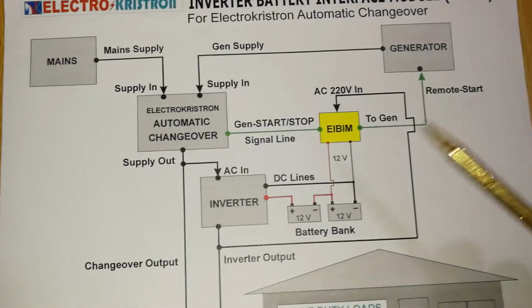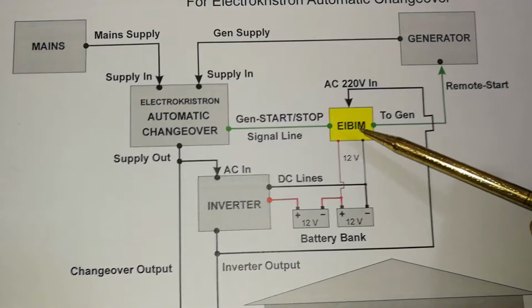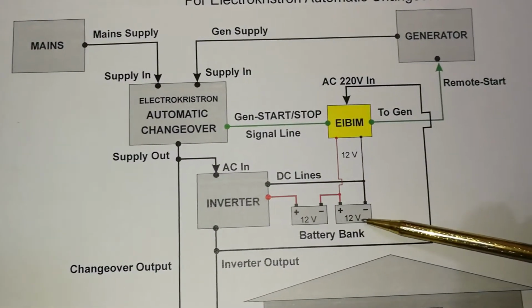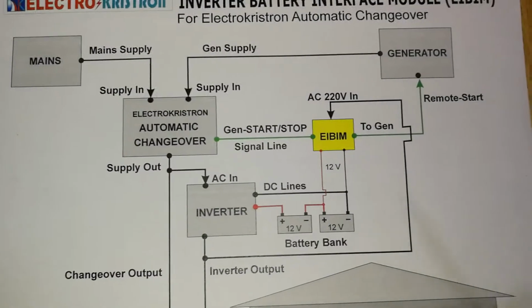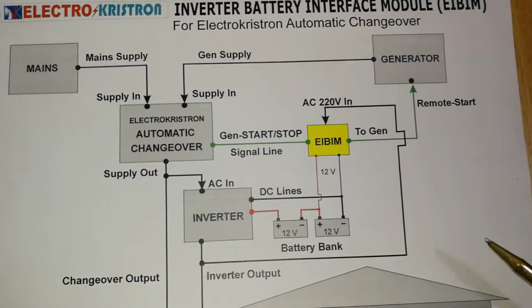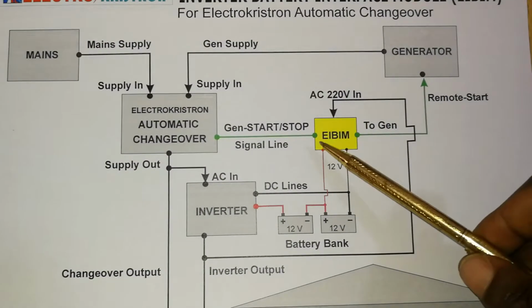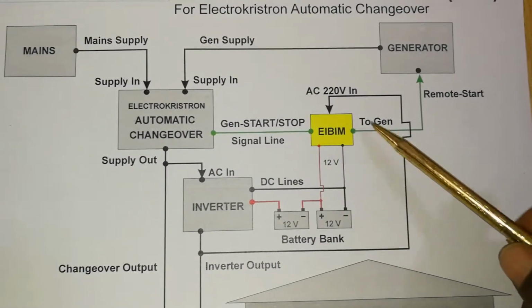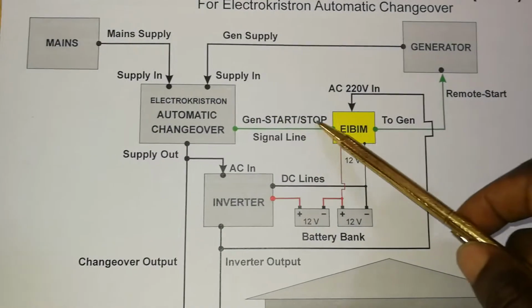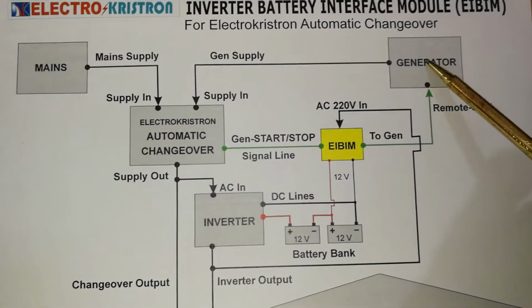Once the batteries have drained to the point where they are at par, or a little bit below, beginning to drop below the threshold level, the EIBIM allows the signal to pass through. The signal from the ATS to start the gen now passes through, and the gen starts automatically.